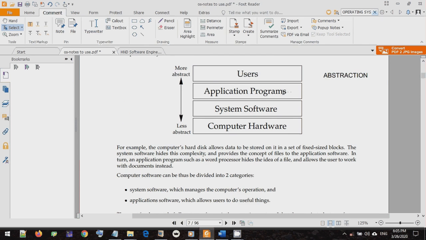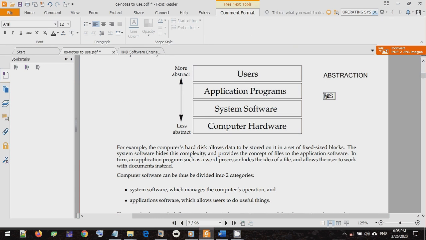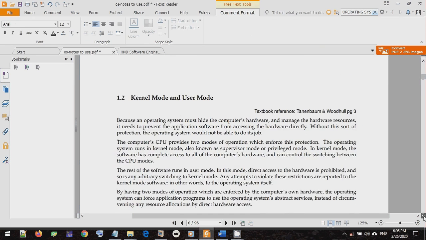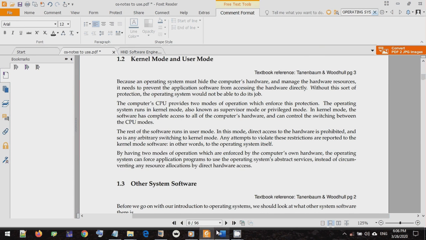But with an operating system, you could actually install application programs like Microsoft Word, or maybe a PDF reader, like Foxit reader, and other application software. Microsoft Word will help you to do word processing, and Foxit reader might help you to read PDF documents. So that is how we define an operating system.